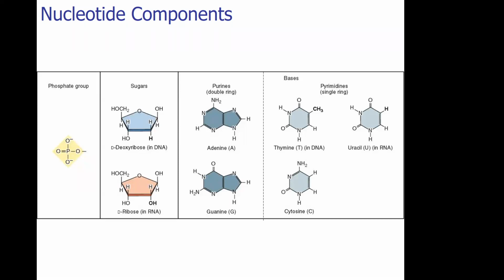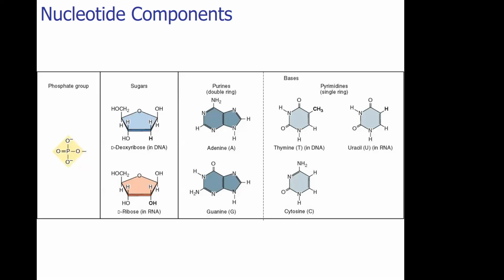In DNA, you must have the sugar deoxyribose, hence the name deoxyribonucleic acid. And in RNA, it is the sugar ribose, hence the name ribonucleic acid. What's the difference? Most sugars have a hydroxyl group on every carbon. In DNA, there's one carbon which has no hydroxyl group, so it's called deoxy. That is on carbon number 2. This is carbon number 1, 1, 2. So it's 2-deoxyribose.